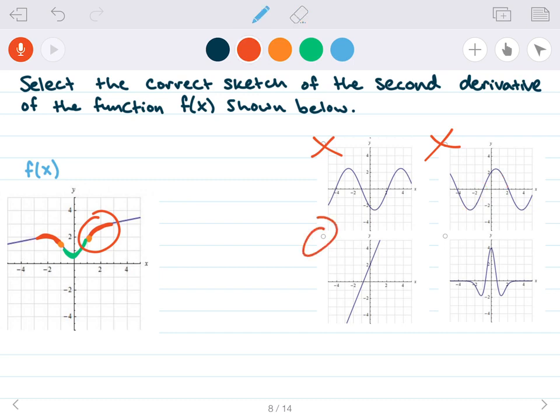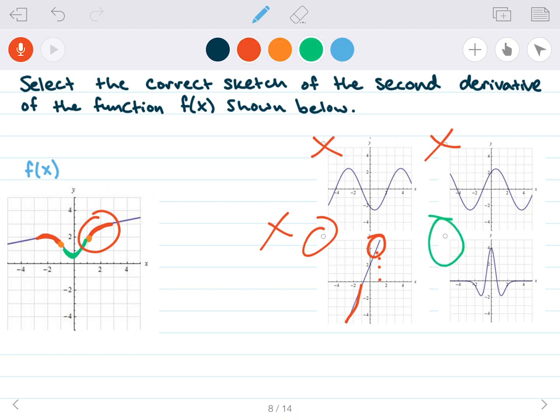Now let's look at this guy. All right, so we are below the x-axis up until -1. That looks good. And we should be above the x-axis up until about +1, and then it should dip below, but it doesn't. So again, that can't be correct. This guy, though, does agree with everything we said.